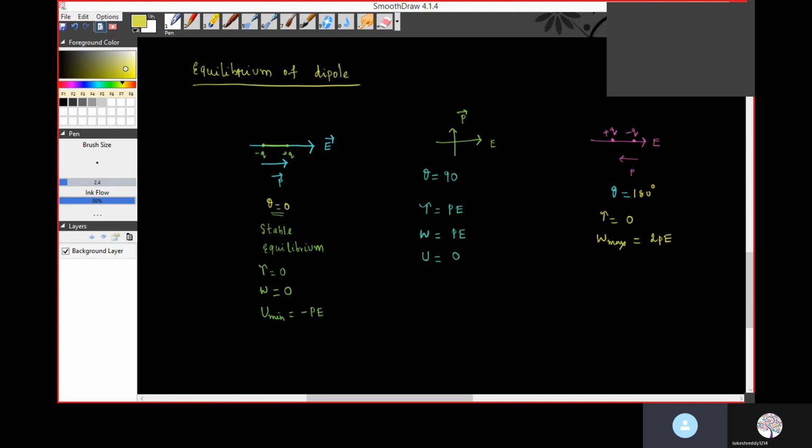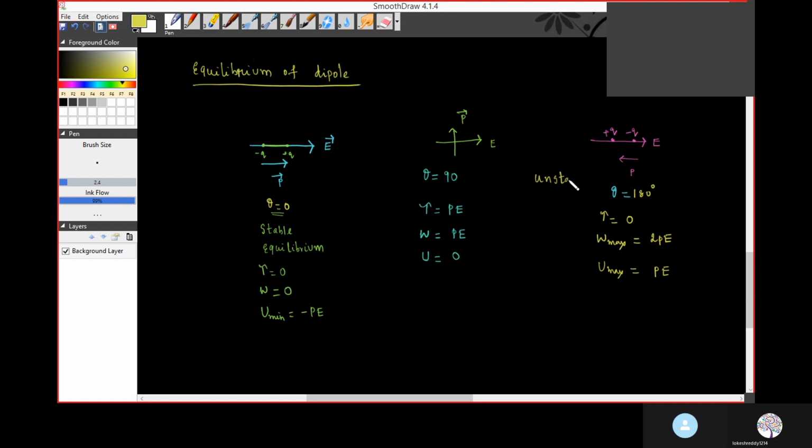So we get 2PE. And U potential energy is maximum, and that is equal to minus PE cos theta, minus PE cos 180. Cos 180 is minus 1, so it is PE.